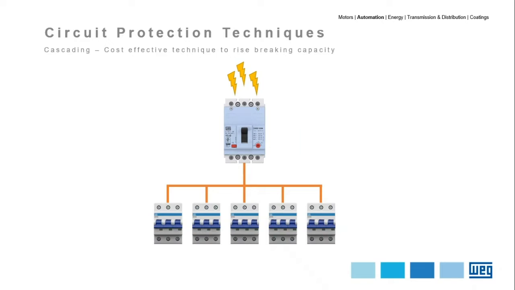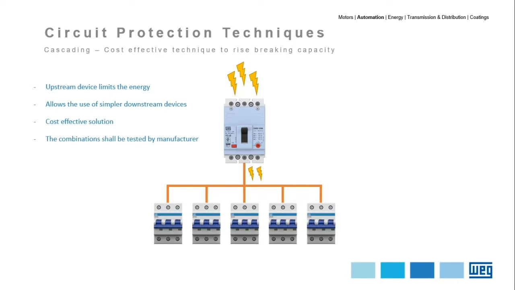In other words, the upstream device acts as a barrier, limiting the electrical energy to a magnitude that can be withstood by the downstream devices. The possible combinations are tested and determined by the manufacturer and shall be linked with the corresponding product line and current range.